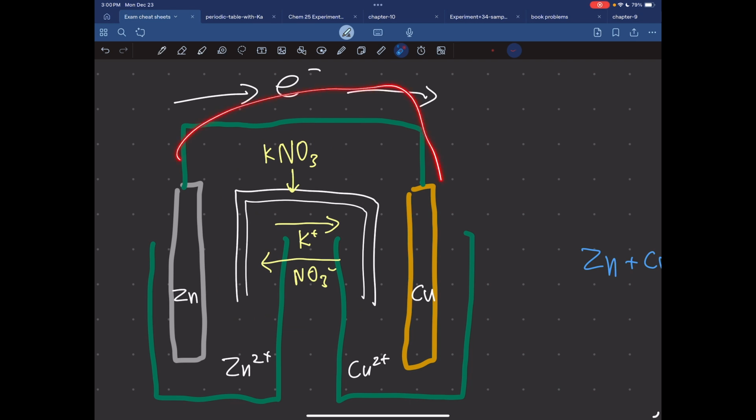Negative stuff is going here, and through the salt bridge, the negative stuff, the nitrate, is going back to the first solution. So now the charges are getting balanced out because it's going in a circle, like negative charge going around in a circle. And of course, the positive charge would be going the other way.